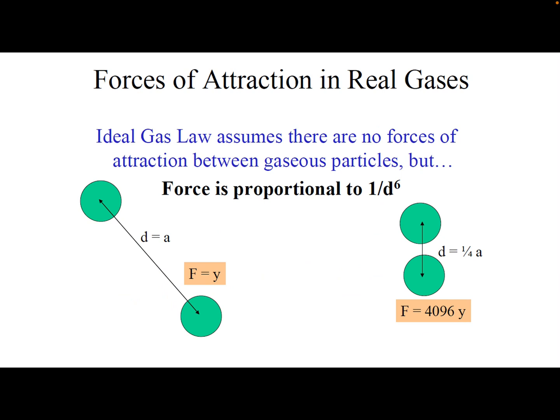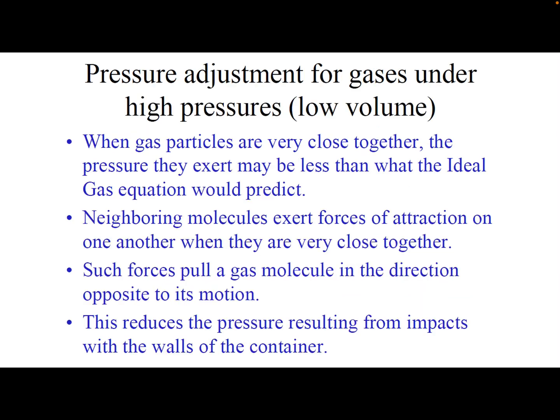So in a relatively low pressure system where gas particles are really far apart, there really aren't any forces of attraction. But in a high pressure system where the molecules are close together, you have to take into account the intermolecular forces of attraction. And those forces are going to be most significant when you have collisions.